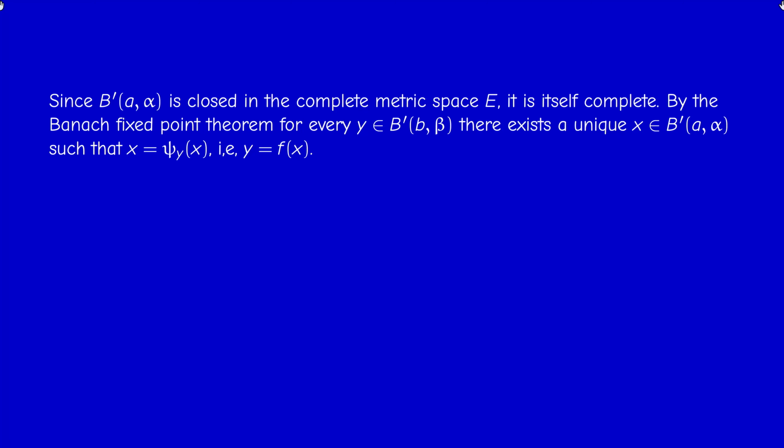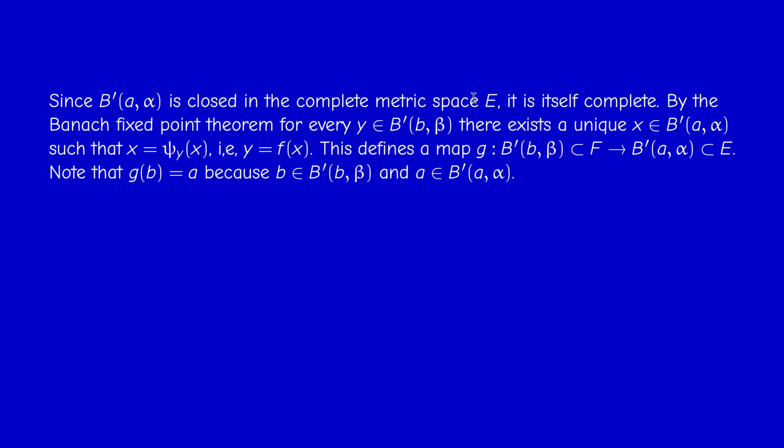Okay. So therefore I have a map now that I call G. So I have a map G from the closed ball of center B and radius beta in F into the closed ball of center A and radius alpha in E, that to each y associates the unique solution of this equation. So I solve this equation locally.